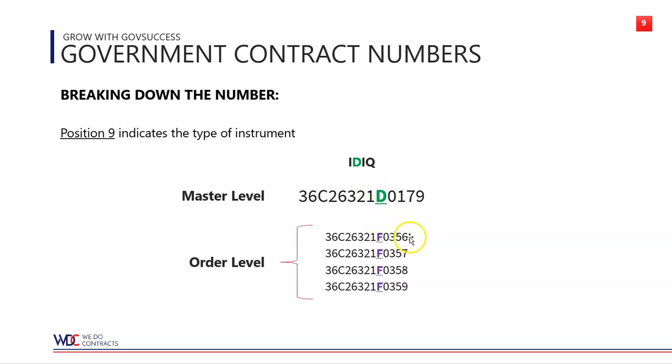And then you see the 4 digits after it, which are the sequential numbers that may happen after. Now, you may not have a task order that has every single number right after the other, but you'll have task orders with Fs that probably have the same prefix before the F, a part of it. So there you go. How to read a contract number.